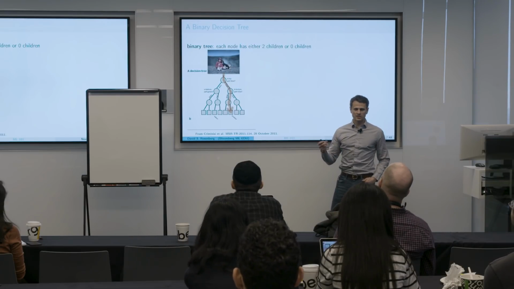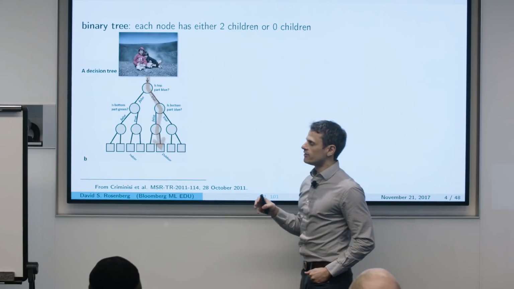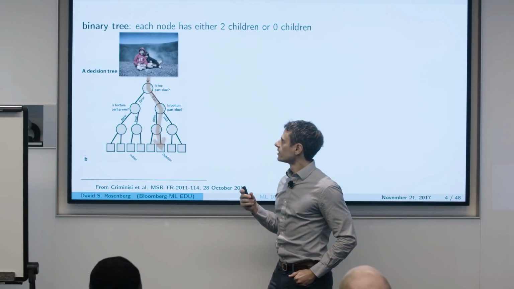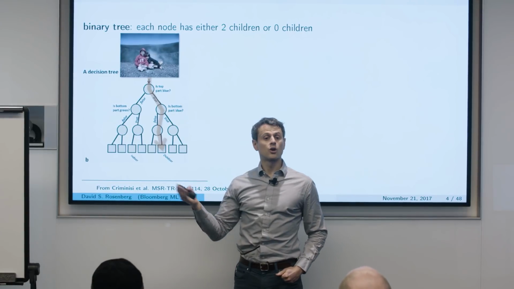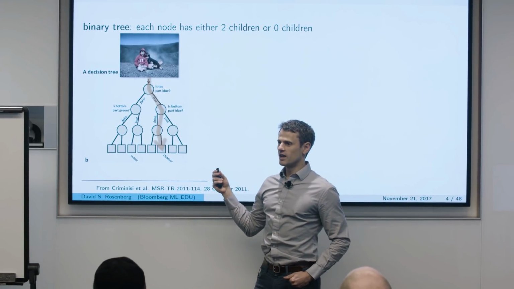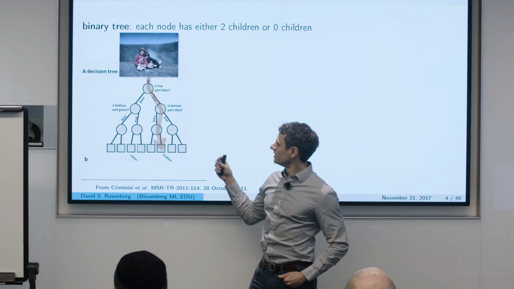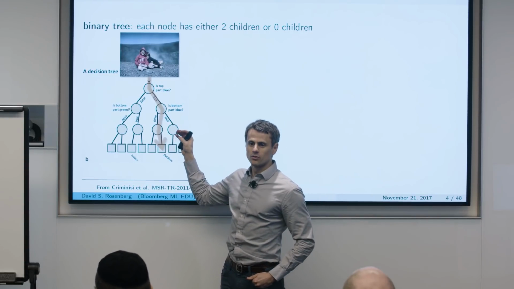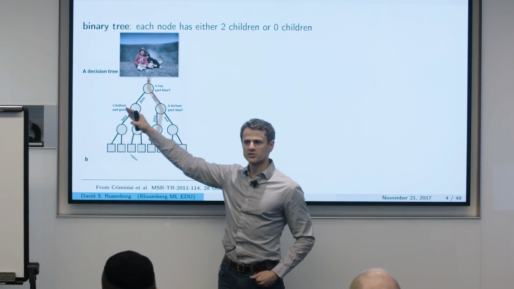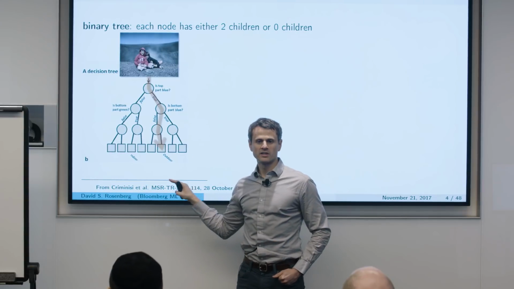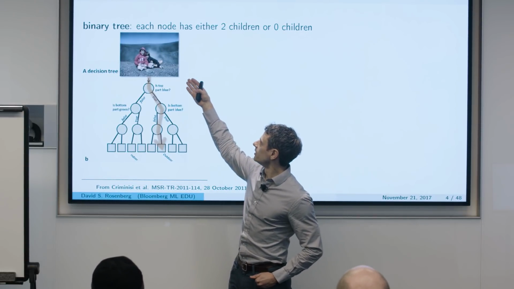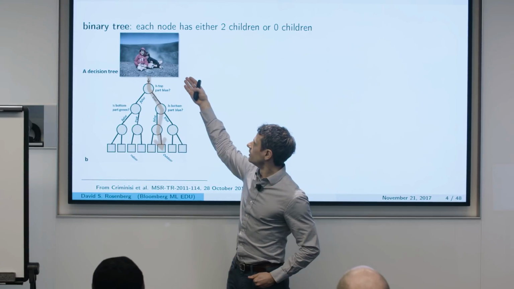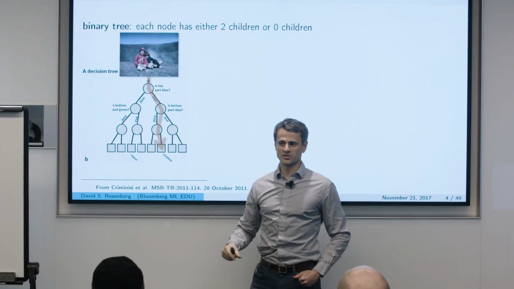Now, how does this thing work very roughly? We have a binary decision tree where we start at the top, and at each node of the tree, there's a question to answer. And it's a yes-no question. If it's one answer, you go left, and if it's the other answer, you go right, and you work your way down the tree to a leaf node. So for instance, here we'd say, is the top part of this picture blue, yes or no?